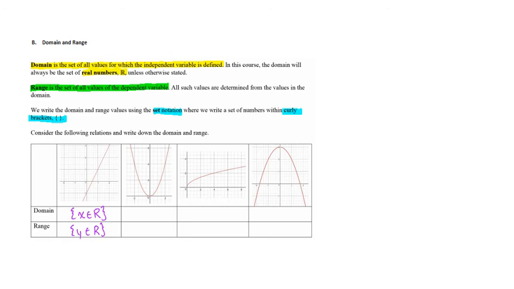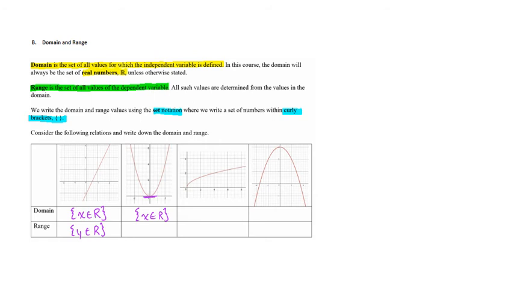So if we look at this first parabola here, it has a minimum at the origin, 0, 0. So when we think about the domain, the parabola will get wider and wider. So in an infinitely large grid, we would eventually widen to hit every x value. So the domain is still x is an element of the real numbers.